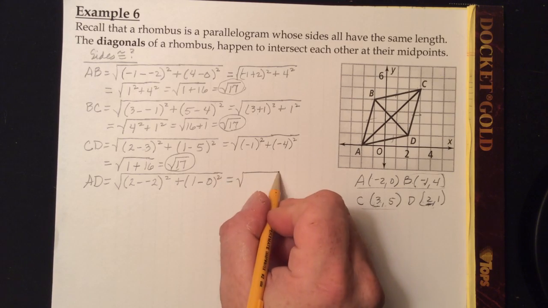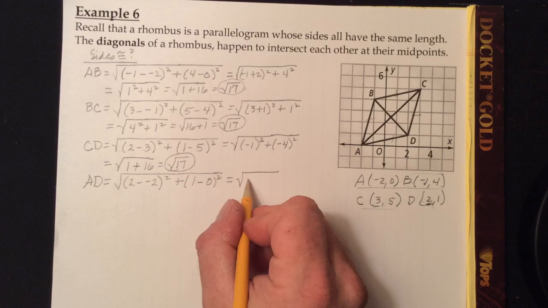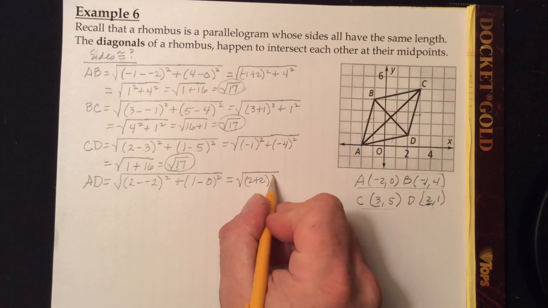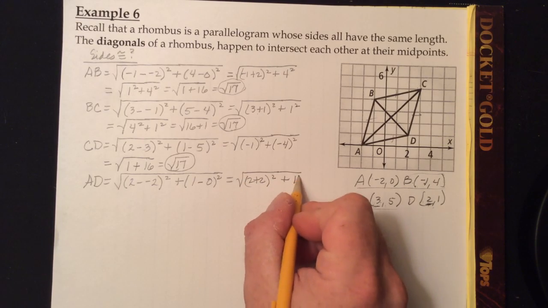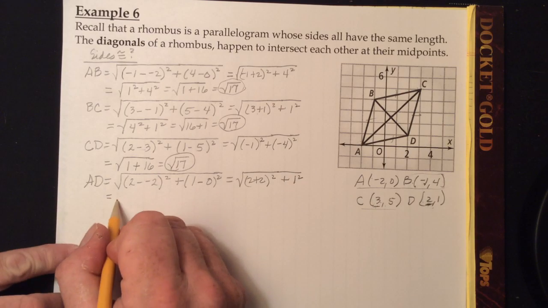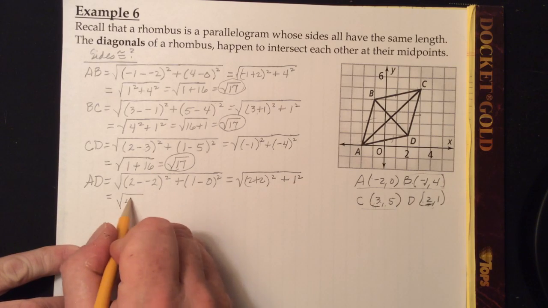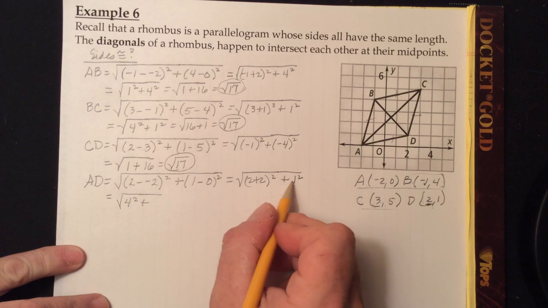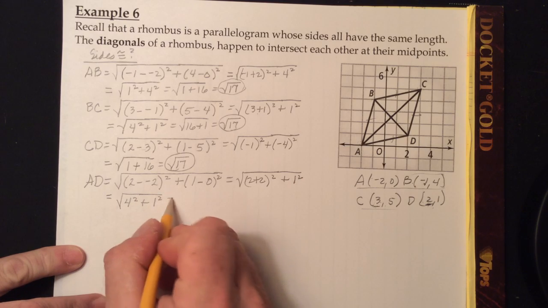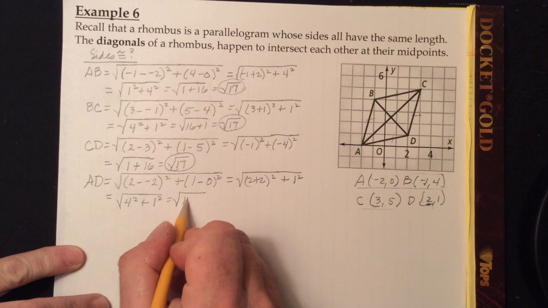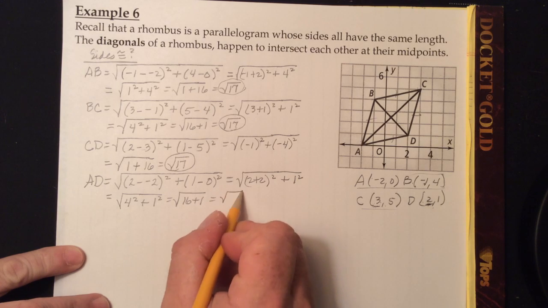This gives us the square root of 2 minus negative 2 is 2 plus 2 squared plus 1 squared. And then we have 2 plus 2 is 4 squared plus 1 squared is 1. And then we get the square root of 16 plus 1, which gives us the square root of 17.